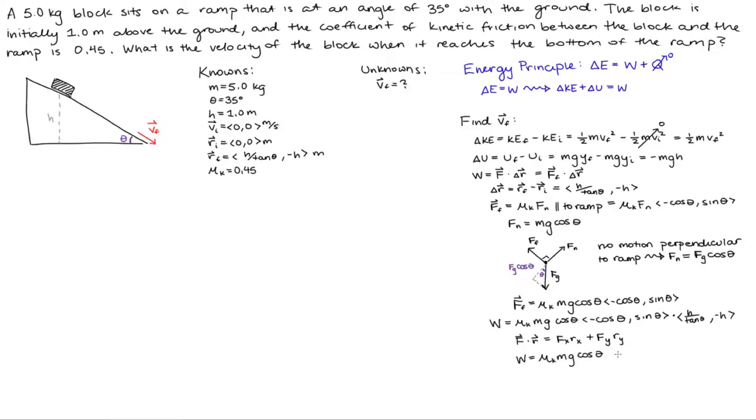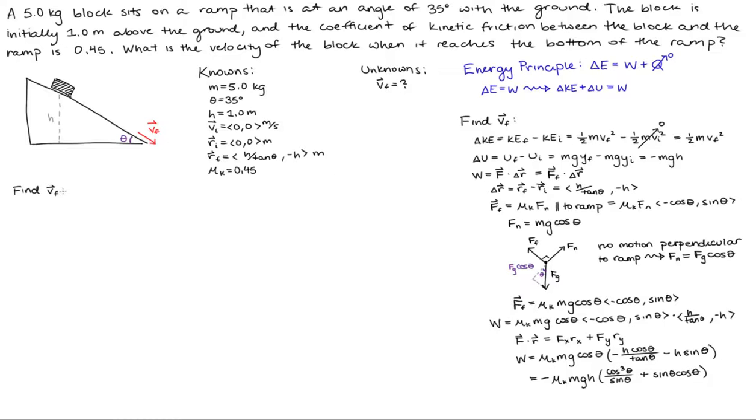This gives us that work is equal to mu k mg cos theta times the quantity negative h cos theta over tan theta minus h sine theta. Factoring out a negative h and distributing the cos theta, we have negative mu k mgh times the quantity cos theta cubed over sine theta plus sine theta cos theta.